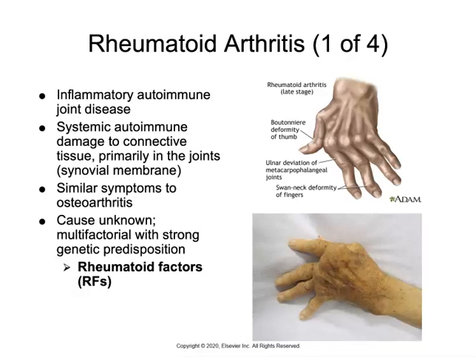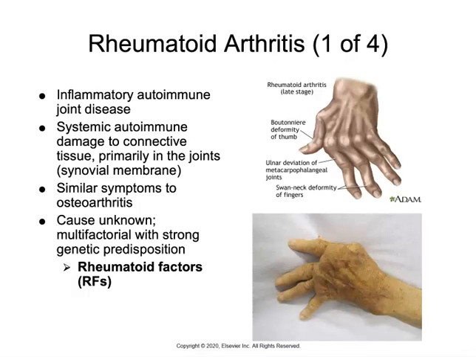So let's start with rheumatoid arthritis first. This is a chronic inflammatory autoimmune systemic type of joint disease that causes damage to the connective tissue, primarily in joints that have a synovial membrane.